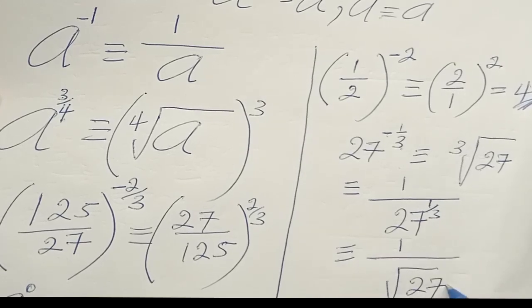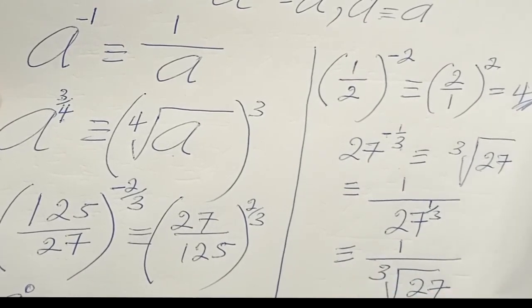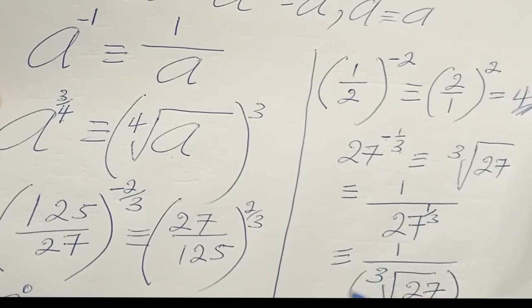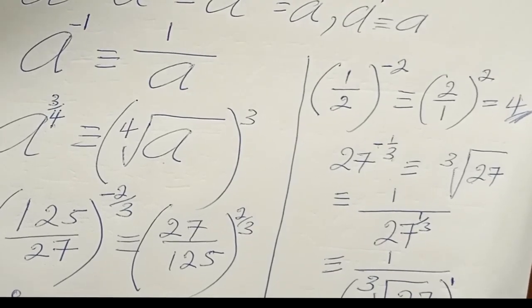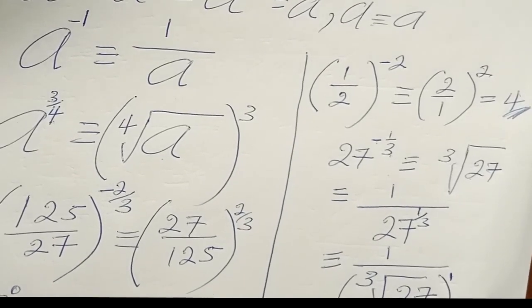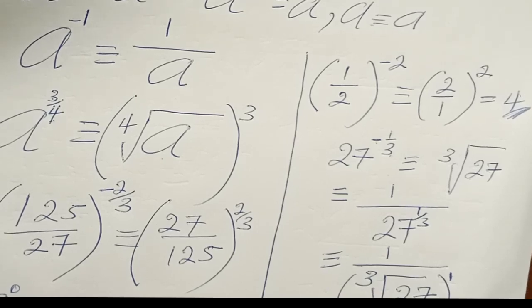It is going to be the same as 1 over 27, and now by the rule of the cube root, it is going to be 1 over the cube root of 27. That is, what number cubed would give you 27?